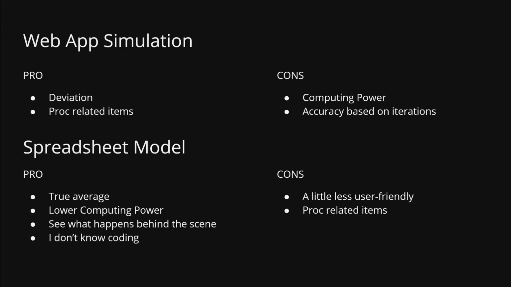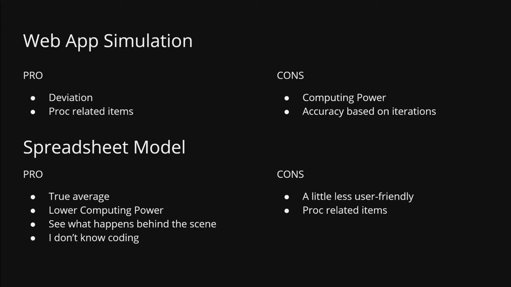Another thing you could do better in a simulation is that for proc-related items, especially if you're using multiple of those lining up, you would be able to get a better value of DPS compared to averaging them out in a mathematical model.